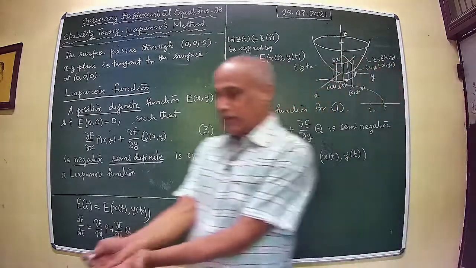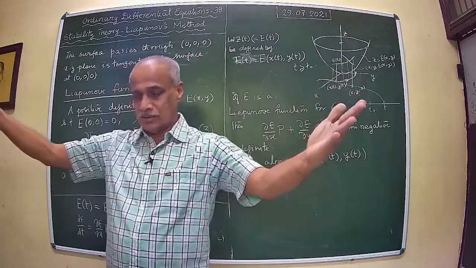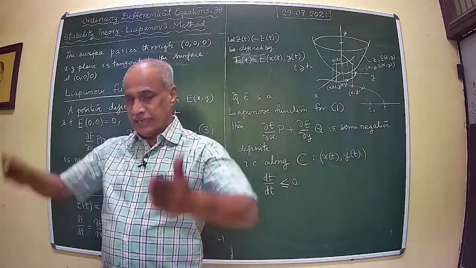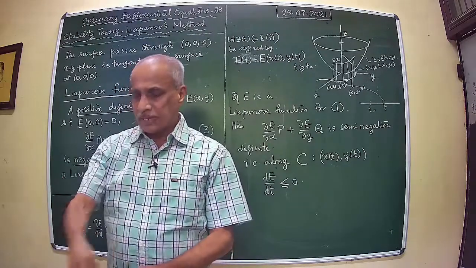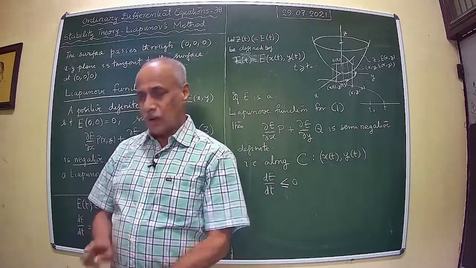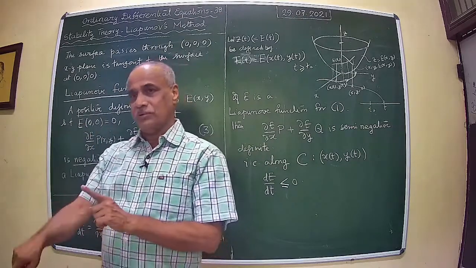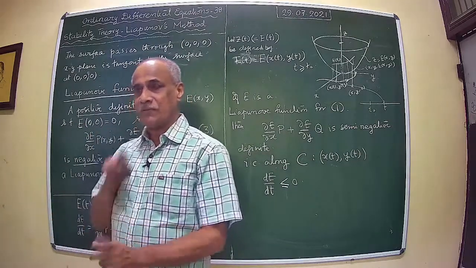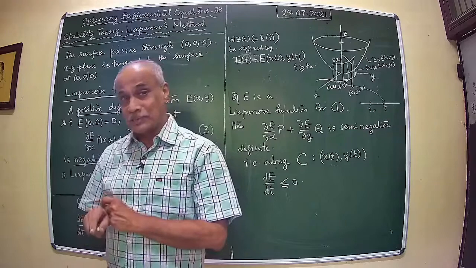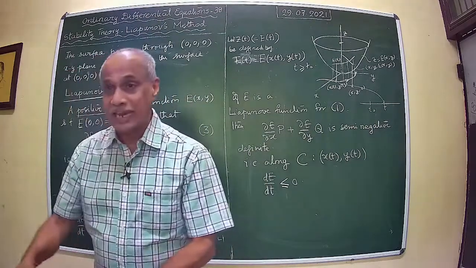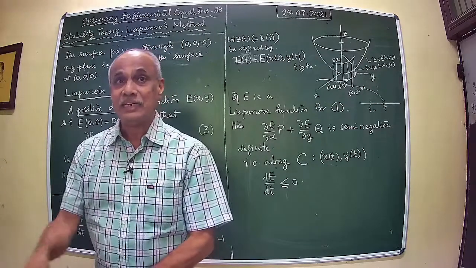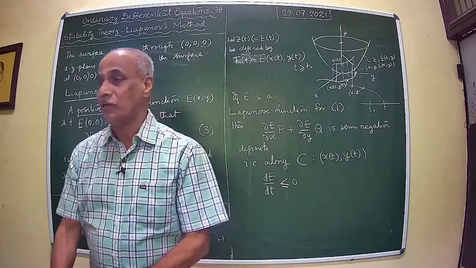So see, you have a bowl like this. On that, the E value is the height. So when you move along the characteristic, what happens is the E value decreases. Therefore, when is that possible? That is possible only if the characteristic stays in the neighborhood of the equilibrium point.